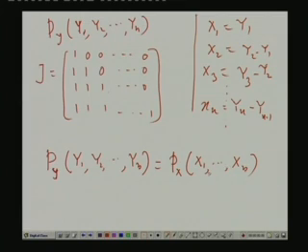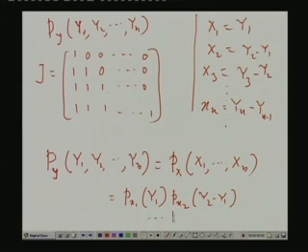We are given that the random variables x1 up to xn are independent. So this joint density is nothing but the product of the individual densities. So px1 at capital X1, which is y1, times px2 at y2 minus y1, and so on up to pxn at yn minus y(n-1).